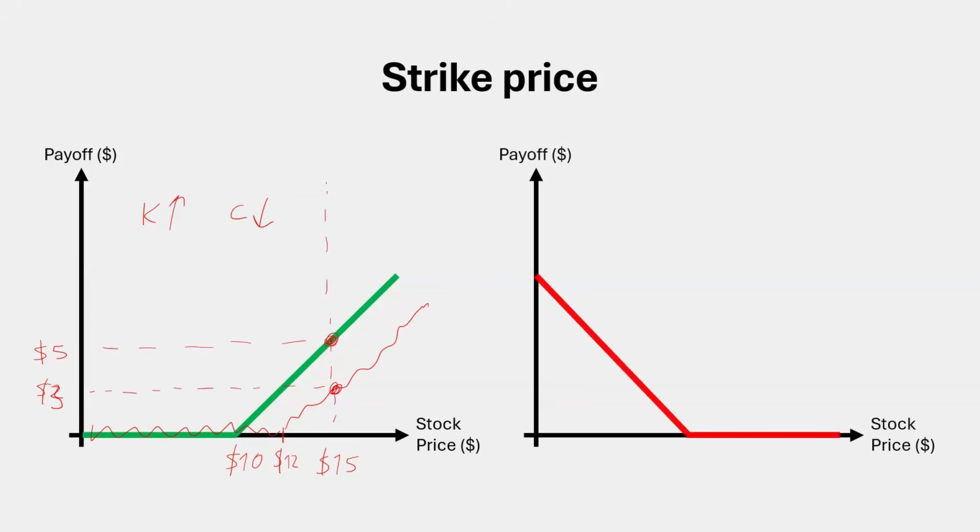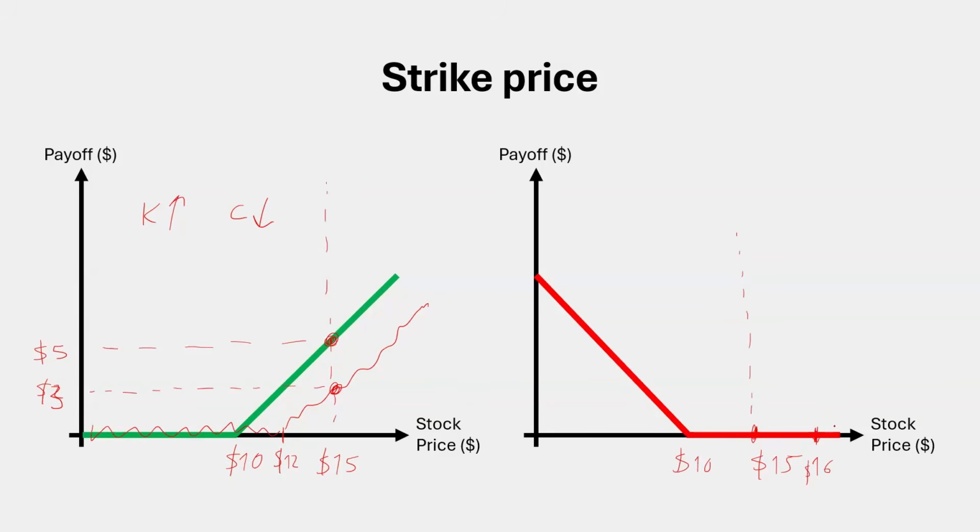And as you can already guess, we will again have the opposite scenario. So let's suppose originally the exercise price is 10. Again, let's assume that at the moment, the stock price is fixed at $15. And let's suppose I increase the strike price to 16, somewhere here.